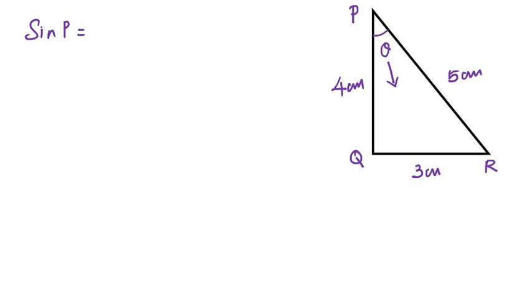This perpendicular side can also be called the opposite side. So QR by hypotenuse. Hypotenuse is always opposite to 90 degree. Okay, so that is PR. So we can substitute the value of QR and PR here. QR is equal to 3 centimeter and PR is equal to 5 centimeter. Okay, this is the value of sin P.